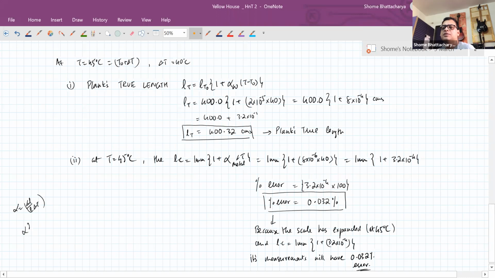No? That's why alpha is expressed in per degree C or per Kelvin. So it is independent of the unit of length that we are using, because fractional change in length is equal to alpha into delta T. Now fractional change is independent of unit. No? Is it clear, Kanish?